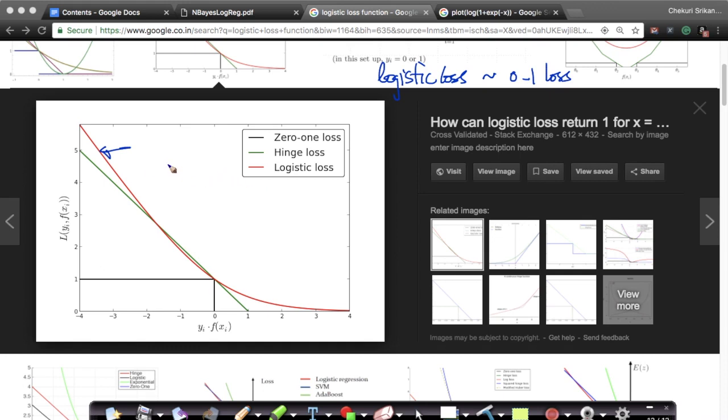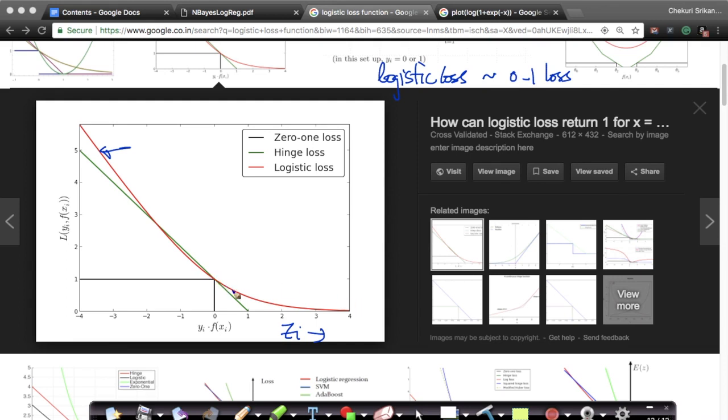It has some differences, of course. What are the differences? In 0, 1 loss, wherever zi is greater than 0, you get a value of 0. But what happens with logistic loss is it's not actually 0 for small values of zi. Only when zi becomes very large, this will tend towards 0. That's one difference, right?